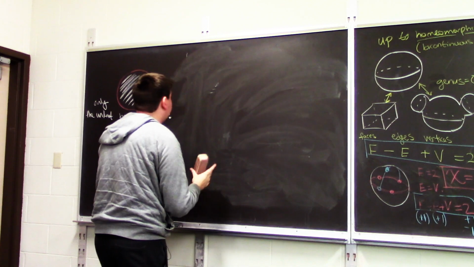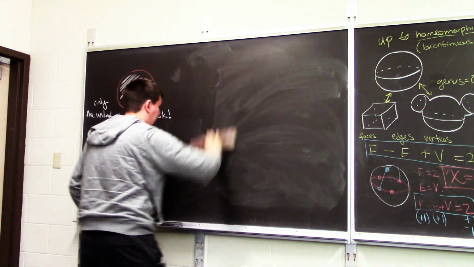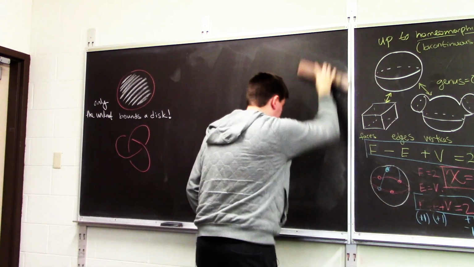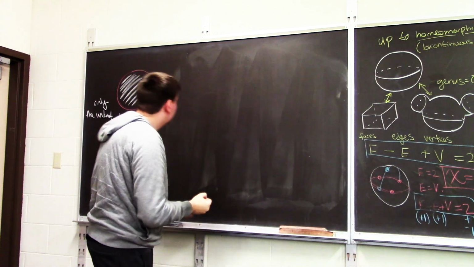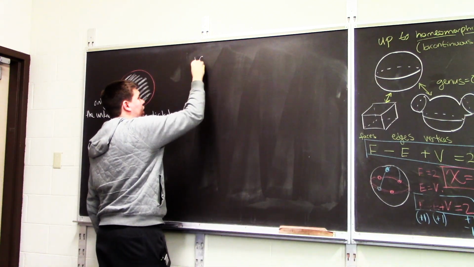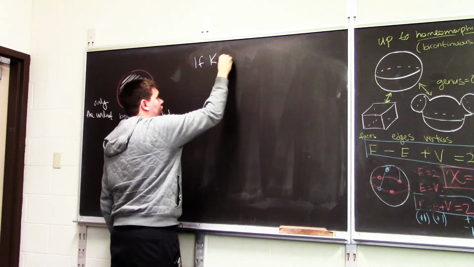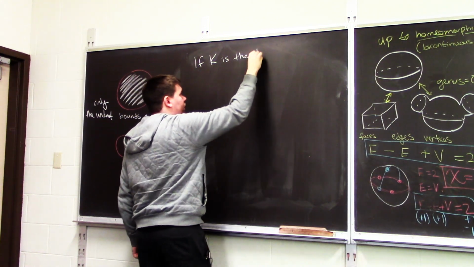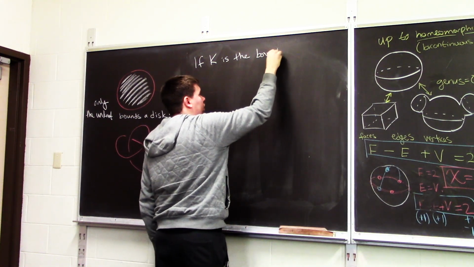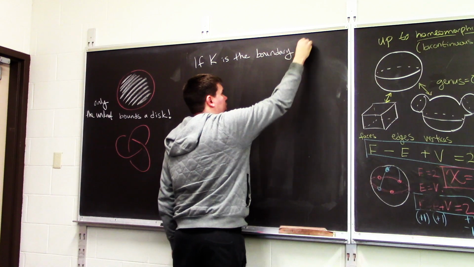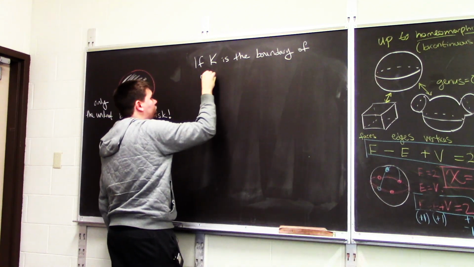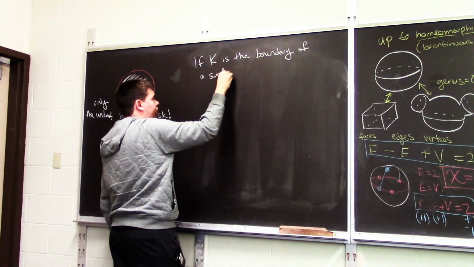The first observation is that if a knot is the boundary of a surface, I'll give the surface a name.